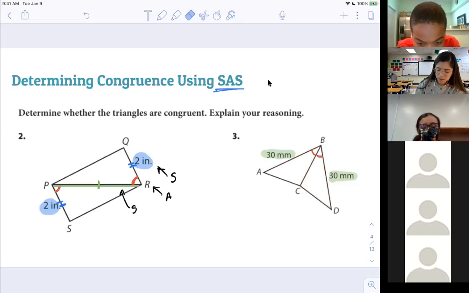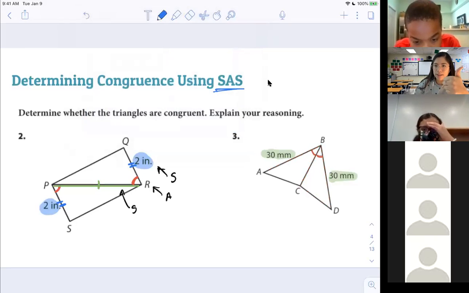So there you go. And then what's the other side of this SAS? So far I have one side, one angle, and what's my third side? The other 30 mil. Wait, can you repeat the question?